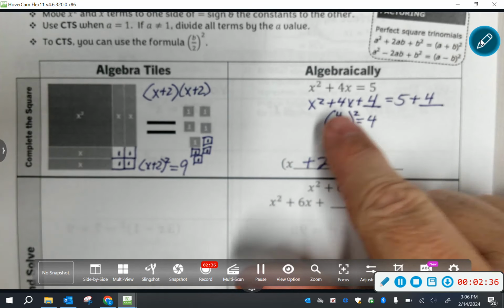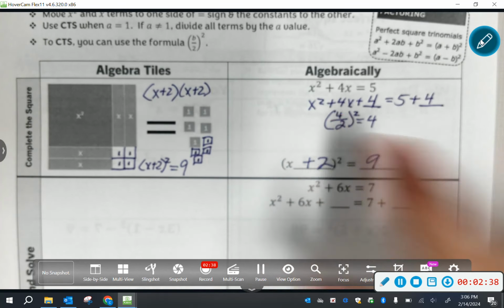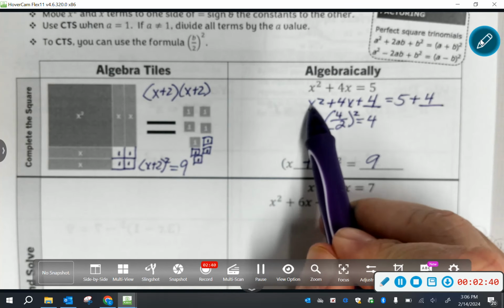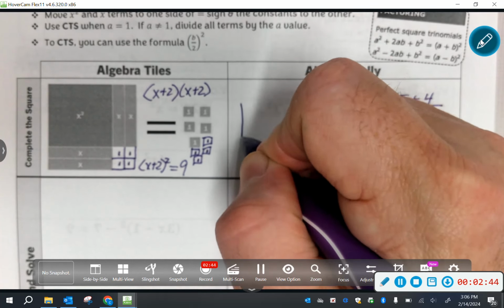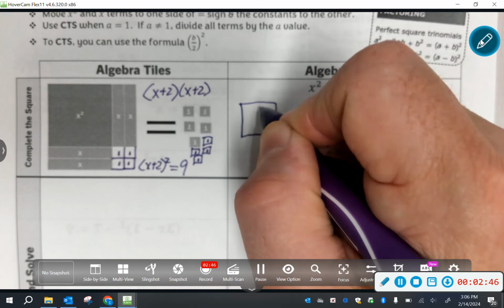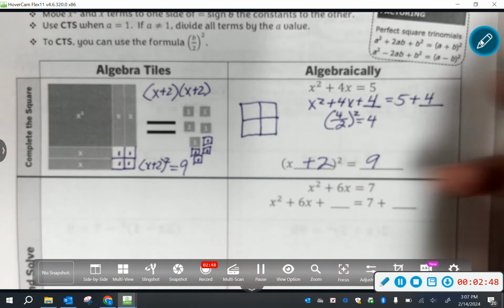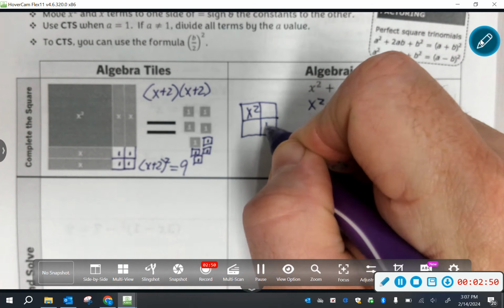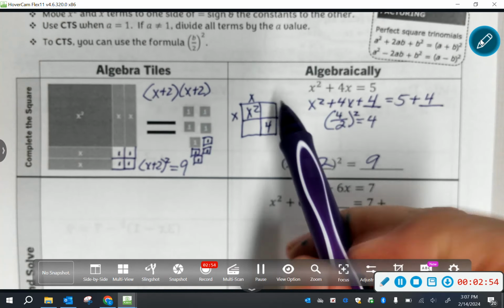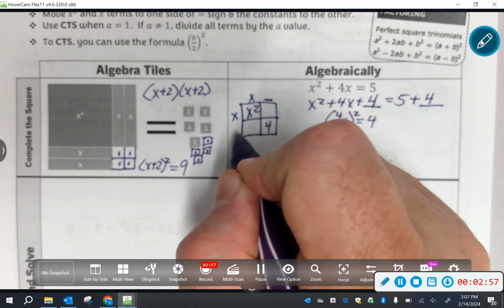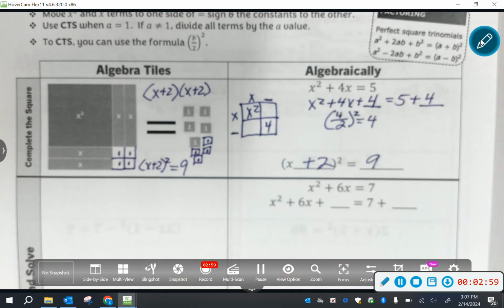Now if you remember from the day 11 notes, when my a is 1, sometimes it's easy to get the factors just by filling in the box. So I have x squared, I have 4, this will be x, this will be x, and now what numbers will go here and here to give me 4?